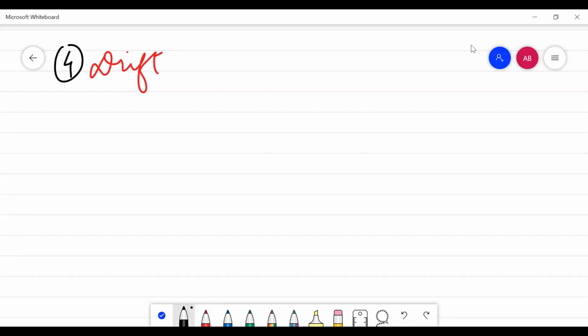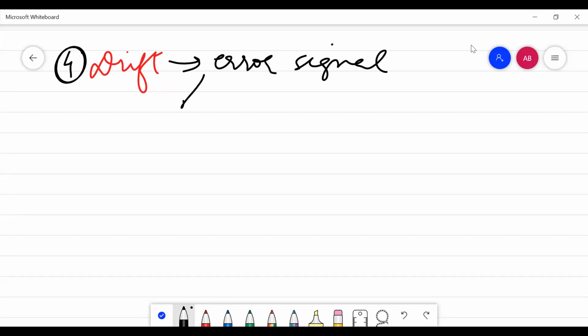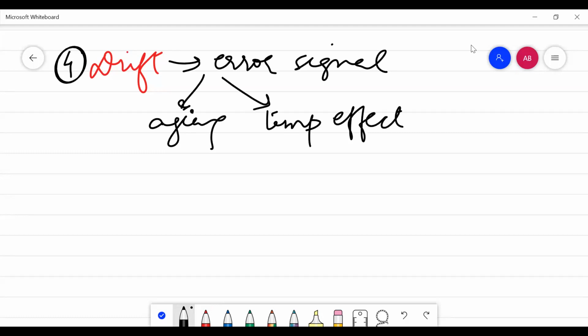So next we come on to drift. Drift means the error signal that is generated because of two things. One is aging of the operational amplifier, and second is the temperature effect. We all know that semiconductors are highly affected by temperature variations in the atmosphere.